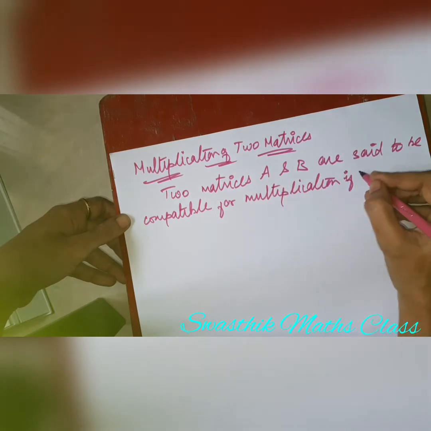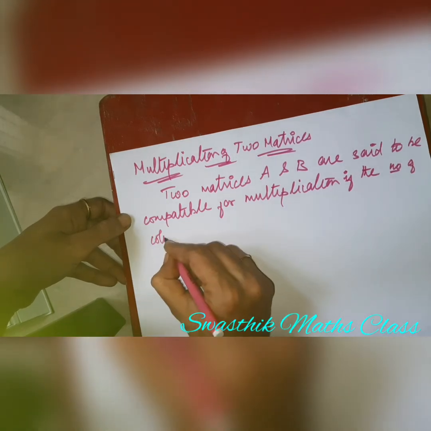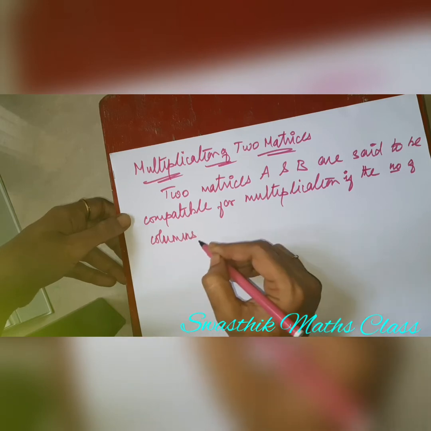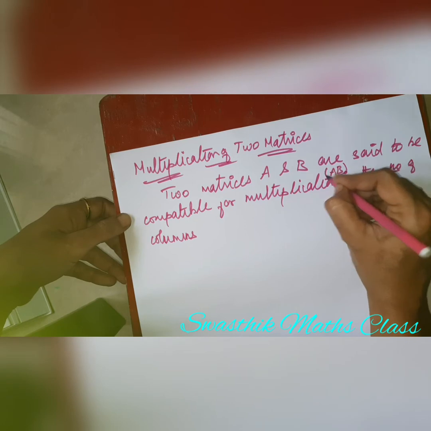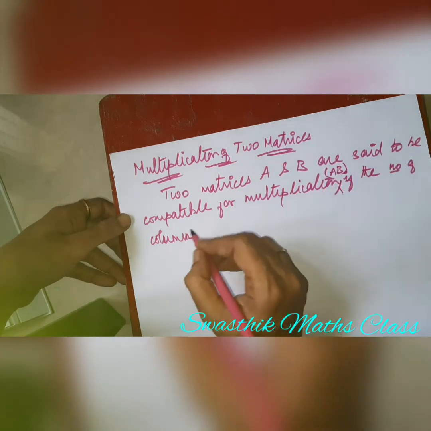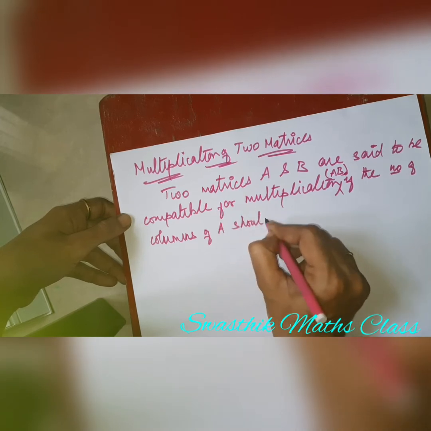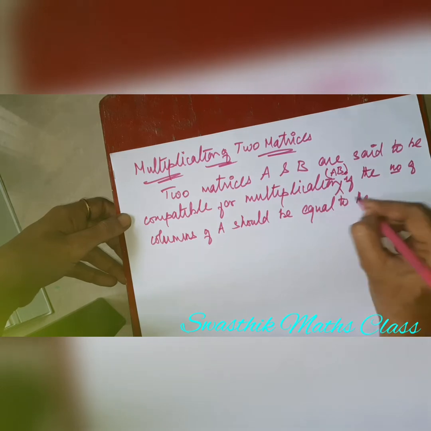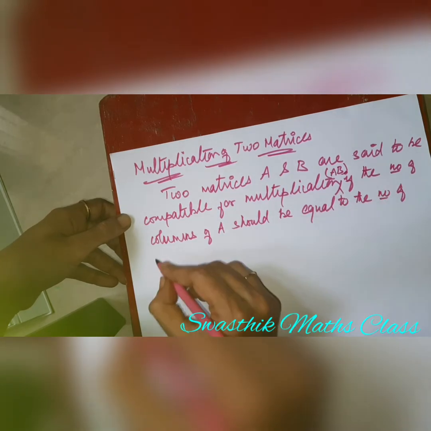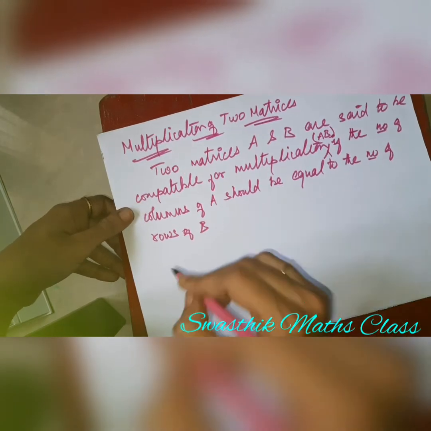Compatible for multiplication if the condition is the number of columns of A should be equal to the number of rows of B. This is important. Okay. Multiplication AB.